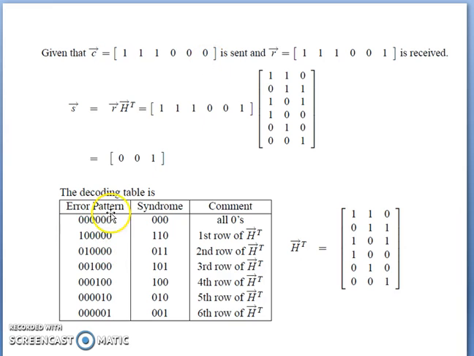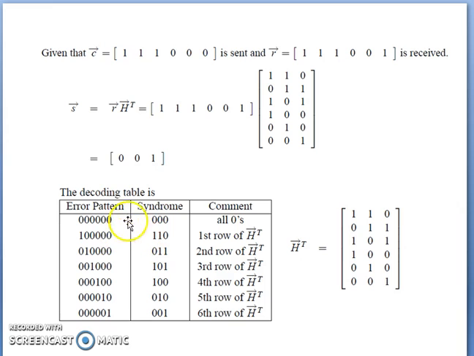In a similar way, you can determine the syndrome for all such error patterns. The code word may be any code word. If the error is in the first bit, you will find the syndrome accordingly. Got it? For all zeros the syndrome will be 0.